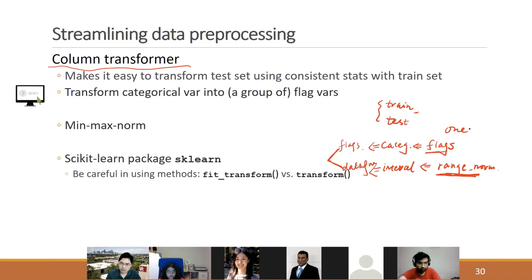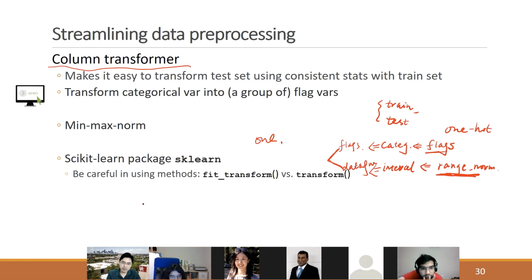This is one hot. What are the variables to apply range standardization? The transformer will then identify those different columns for the appropriate transformation, and after transforming the values, it will glue the columns all together and spit back to you one data frame. So it does the merge for you automatically. You don't have to do that, and the function is robust. So it's just so much easier after that.